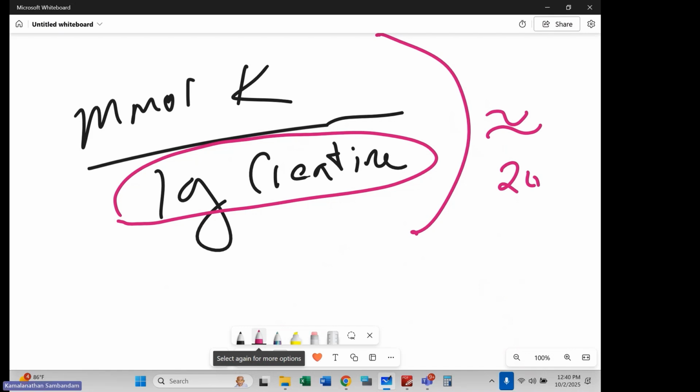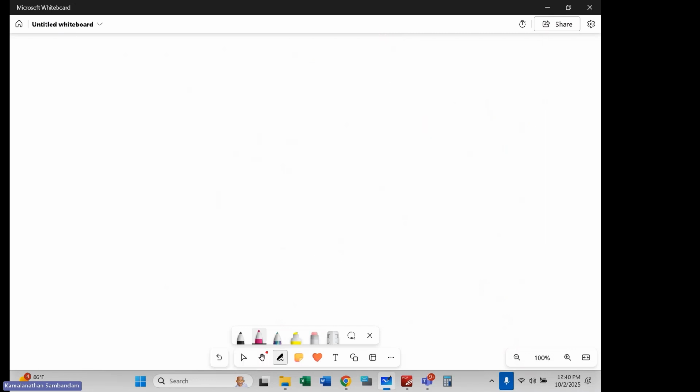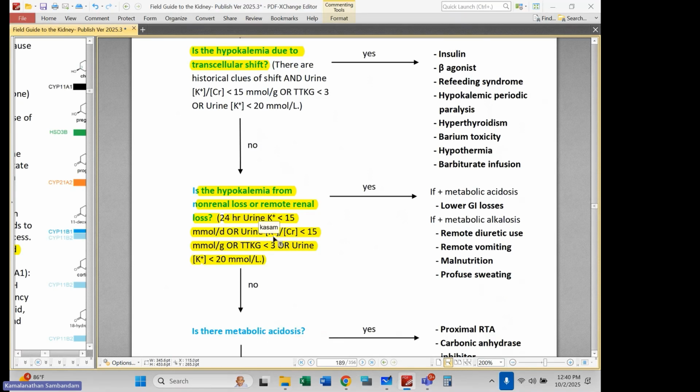So that's the principle when expressing K to creatinine ratios. You have to do a little extra work because this is in millimoles per liter, and this is in milligrams per deciliter. So you have to do some math to get the units to cancel out so that you have millimoles per gram as your final units. If you do that, then you can interpret this similar to a 24-hour urine K.